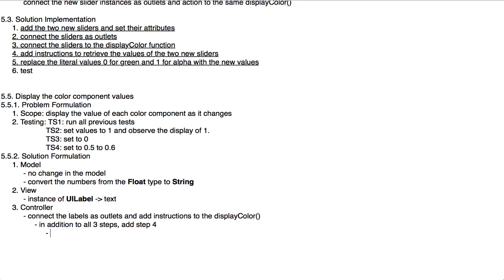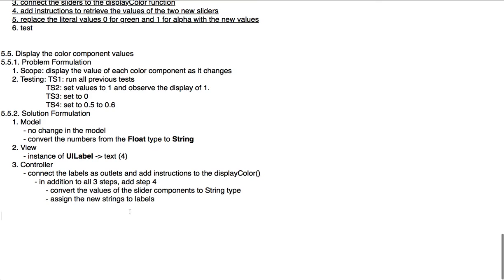And step 4 will be to convert the values of the slider components to string type, and then assign the new strings to labels. So here I'm going to need actually 4 labels, 1 for each of the values.